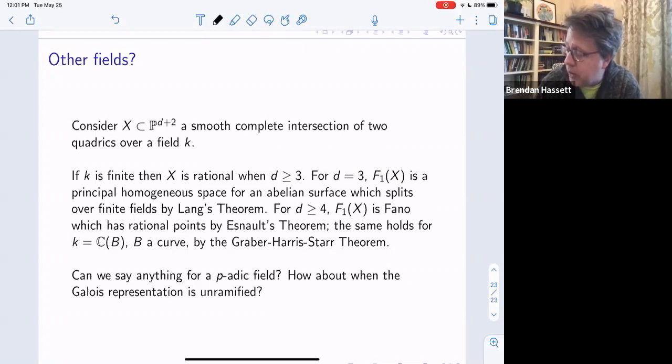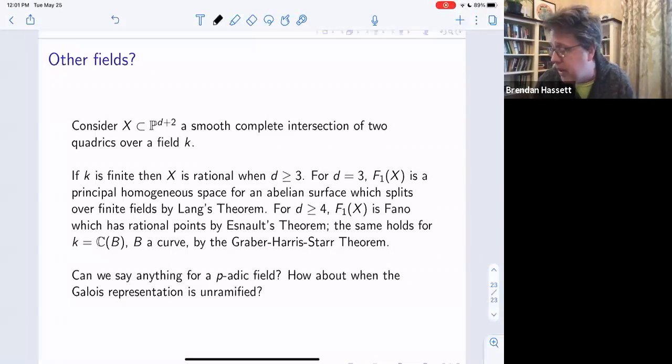There are similar results, at least in dimensions 4 and higher, over complex function fields, but I don't know much about p-adic fields. What if we have X defined over a p-adic field, and let's assume, well, we don't want to assume good reduction, because then we can reduce to the finite field case.